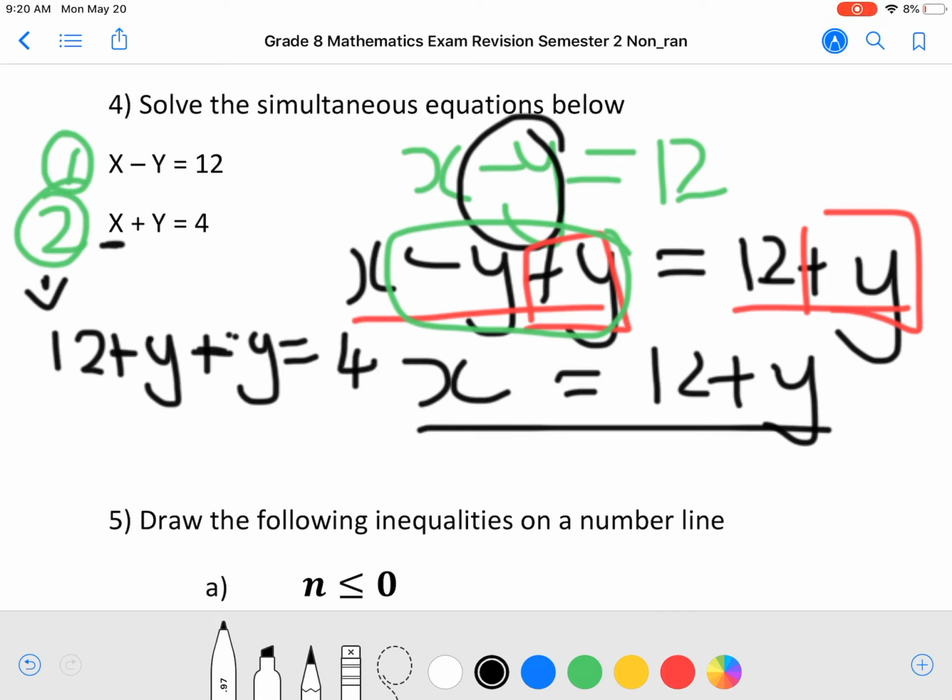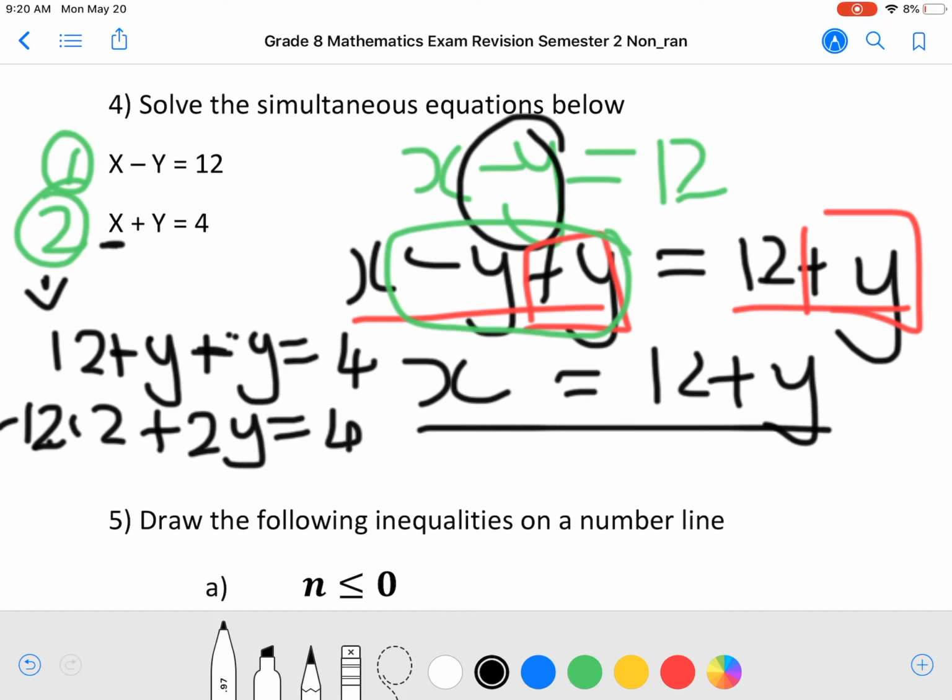Okay, so y plus y is 2y, so we have 12 plus 2y equals 4. Now we have to minus 12 from the left hand side because we're trying to get all the numbers on one side.